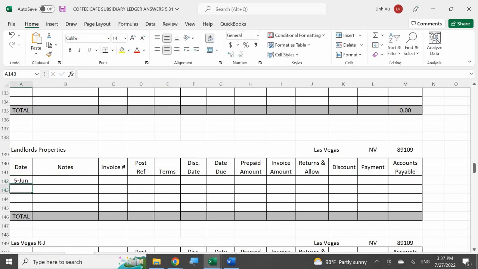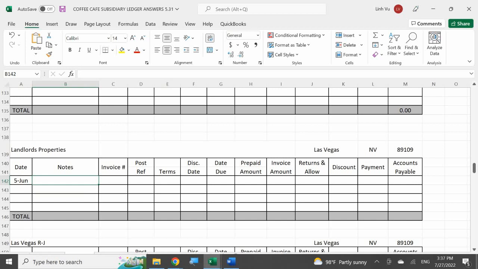Today is June 5th, right? What extra notes are you going to put in here? Well, you can say that you paid 4 months of rent. You could say 1 month is the expense for the month of June, and I purchased 3 extra months on top of that. You could write whatever information you want to put in here.